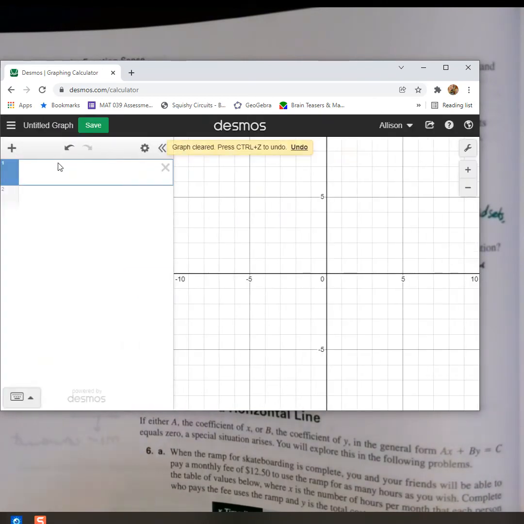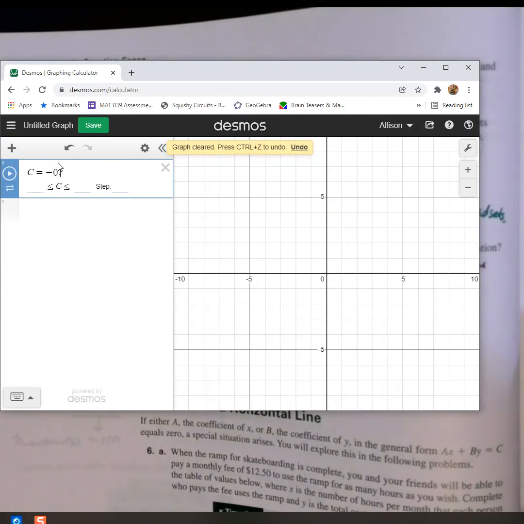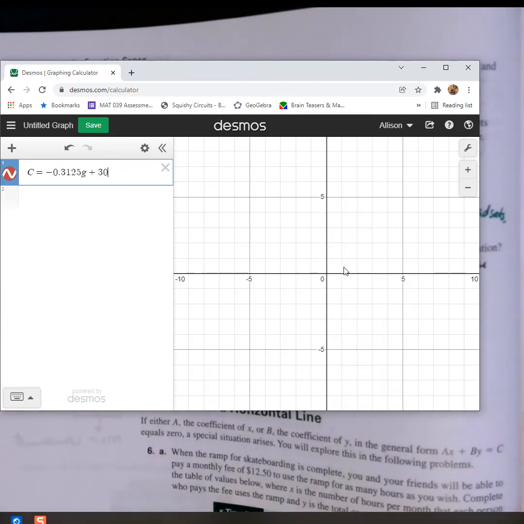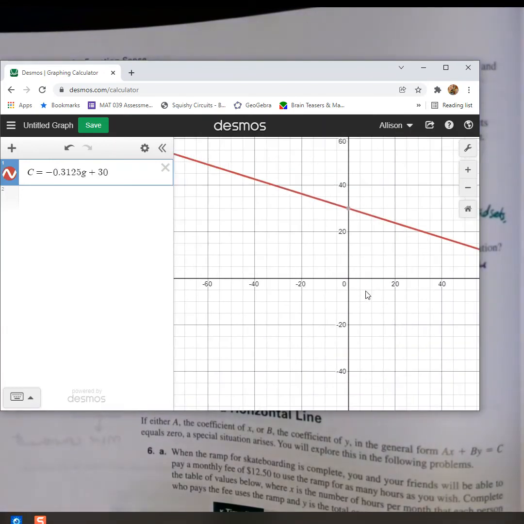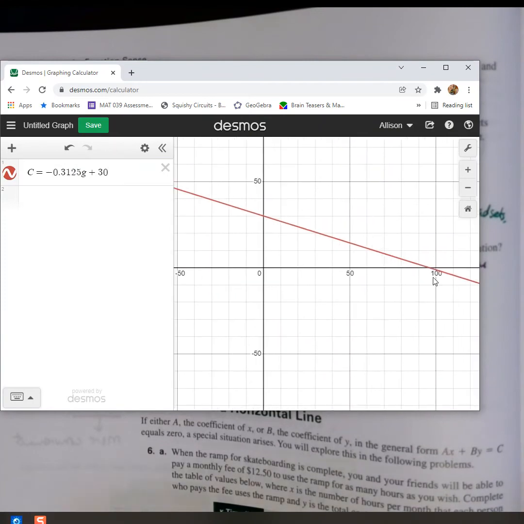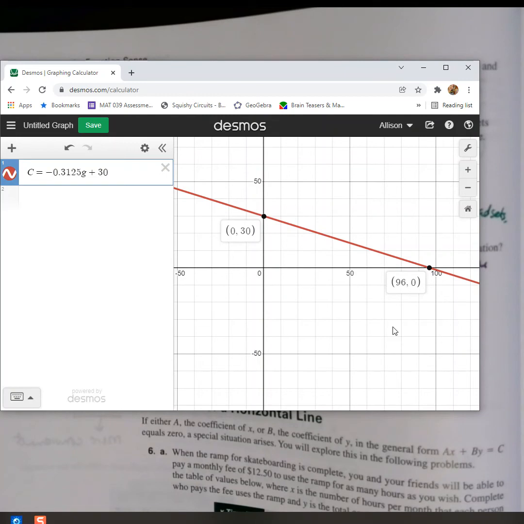So I had C equals negative 0.3125G plus 30 and resize. There we go. Now I can see there's my 96, 0, and there is my 0, 30. So I can see both my vertical and horizontal intercepts graphically. You absolutely can find them graphically. I was just trying to also show how it could be found algebraically.